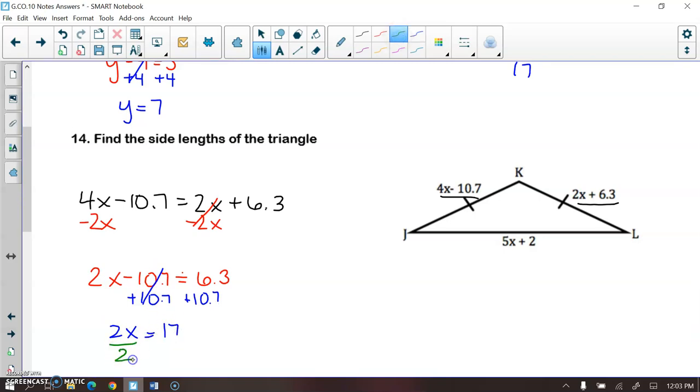And then lastly, I'm going to divide by 2 on both sides to get x is equal to 8.5. They didn't ask us to find x, but we needed it to find the side lengths of the triangle.